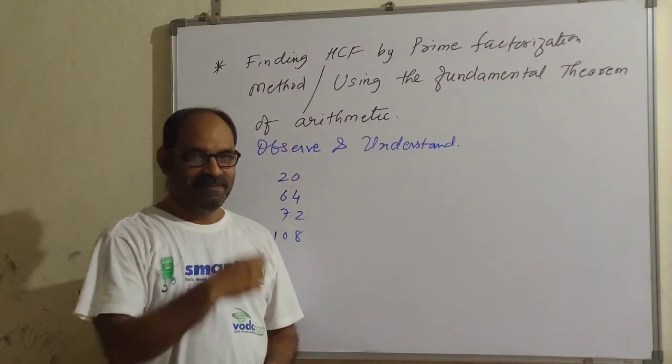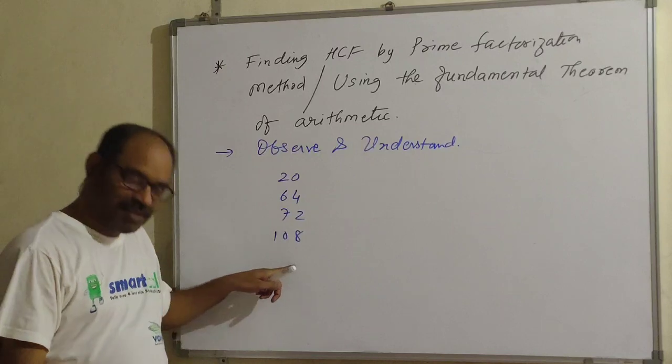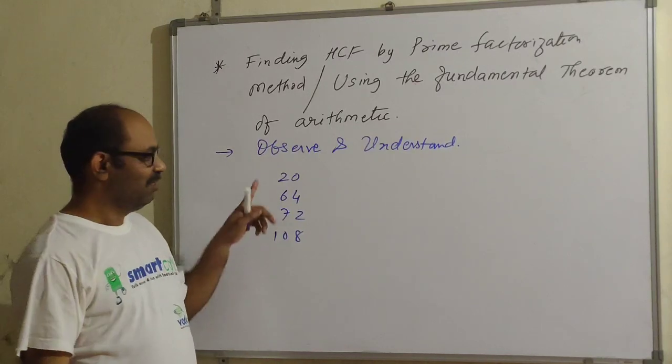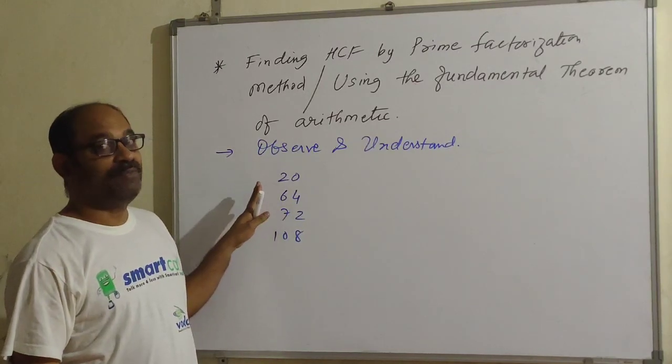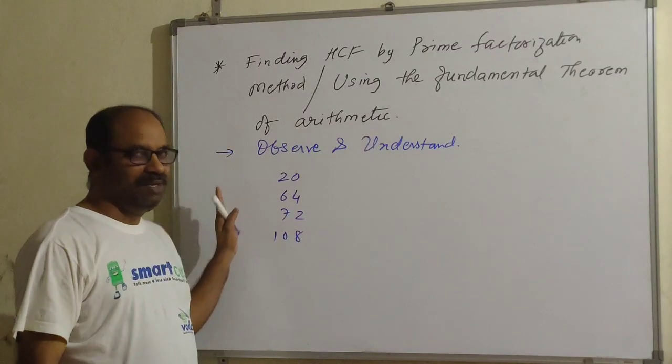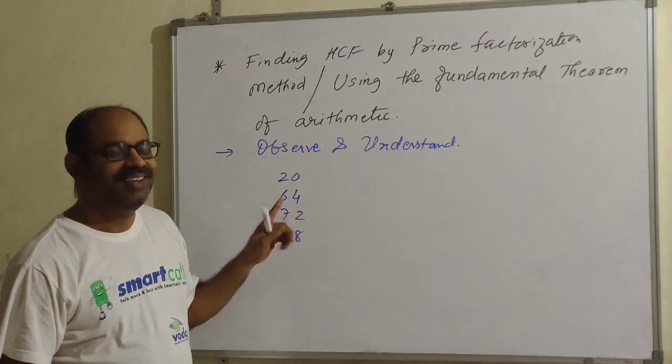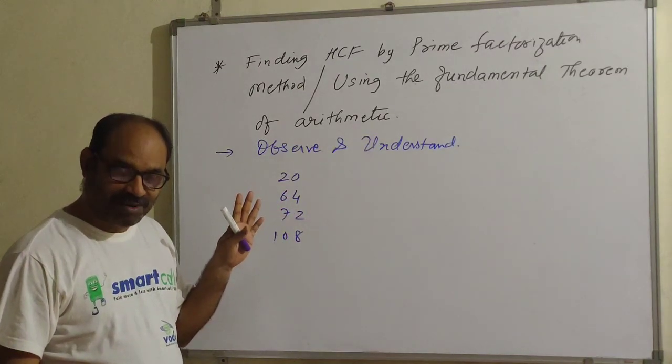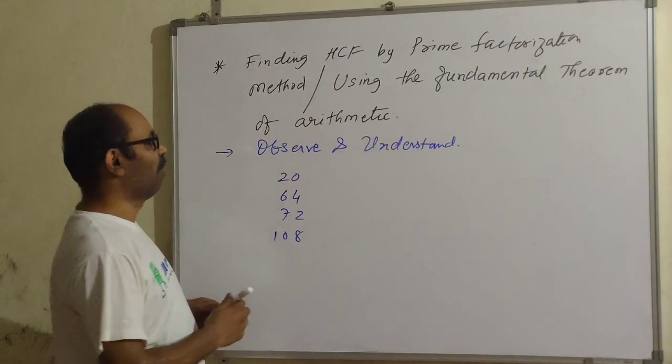What do you observe here? I've written 4 numbers. I can write more numbers. Alright? What type of numbers are these? I'll give you a hint. Are they prime numbers or composite numbers? Correct. They are all composite numbers. Observe further.